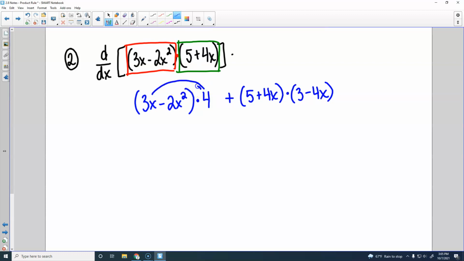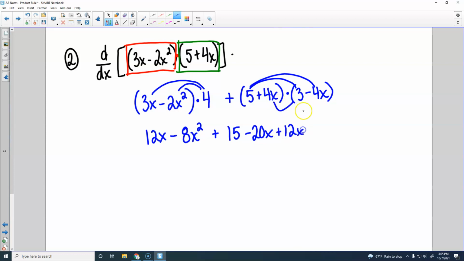So we would distribute our 4. So we get 12x minus 8x squared plus, we got to distribute here, 15 minus 20x plus 12x minus 16x squared.